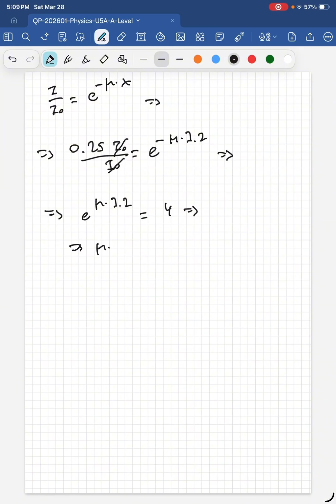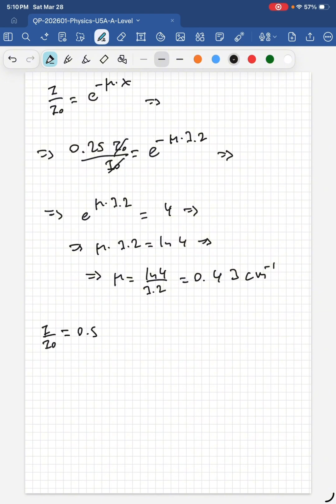So mu times 3.2 is ln of 4, which means that mu is ln of 4 over 3.2, which is 0.43 centimeters to the minus 1. And then we apply this once more, knowing that we need I over I naught to be equal to 0.5.